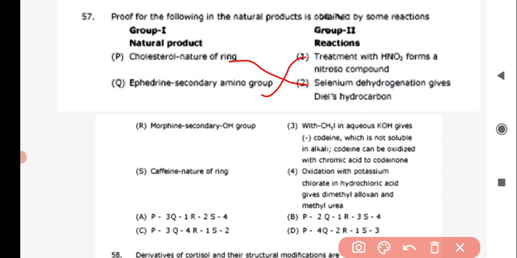For morphine, the correct answer is option number 3, that is with CH3I in aqueous KOH gives methyl codeine, which is not soluble in alkali. Codeine can be oxidized with chromic acid to codeinone. And for caffeine, the correct answer is option number 4, that is oxidation with potassium chlorate in hydrochloric acid gives dimethyl alloxan and methylurea. So option B is correct for this question.